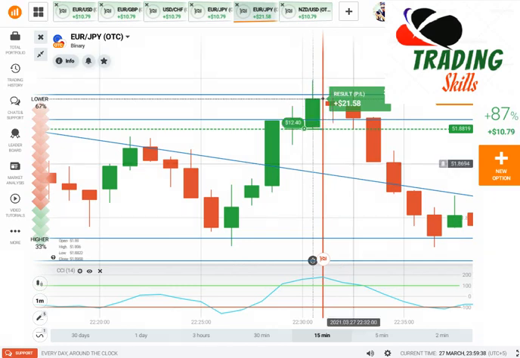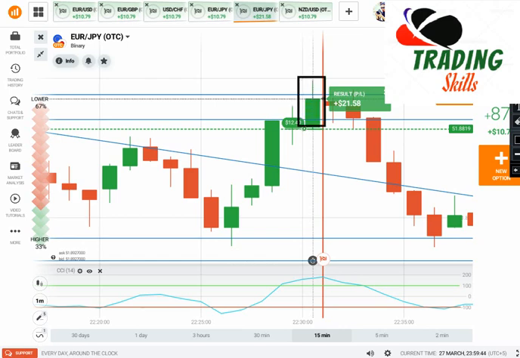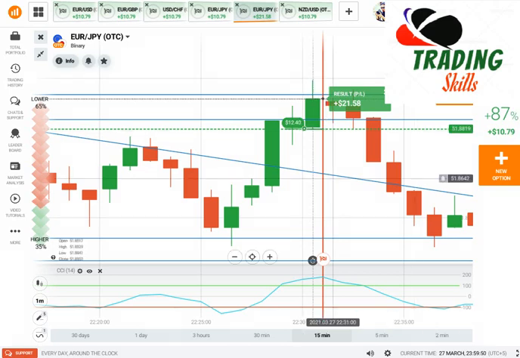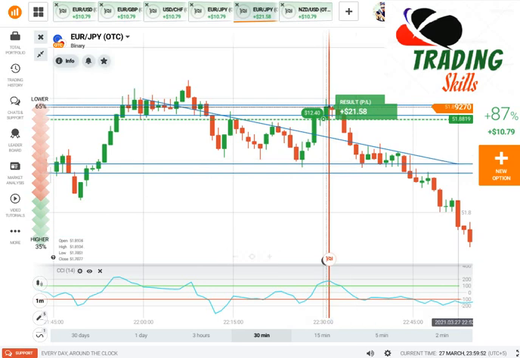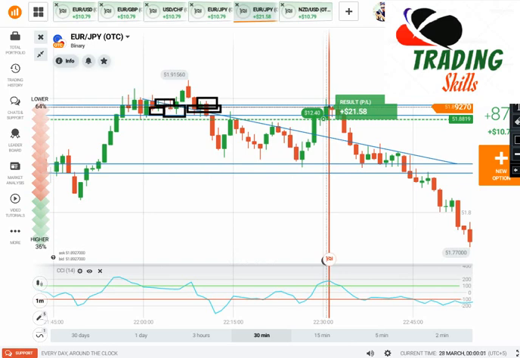Now I have drawn the level here. From this point you can see it is totally visible that the market closed strongly at that level with a rejection. So you need to check your SNRs. Now you can see here support, resistance, support, support, resistance, support, resistance, resistance, and support.